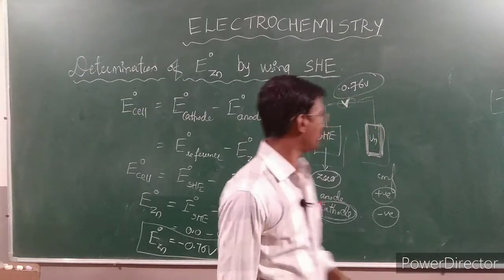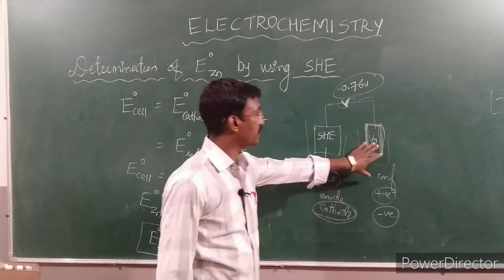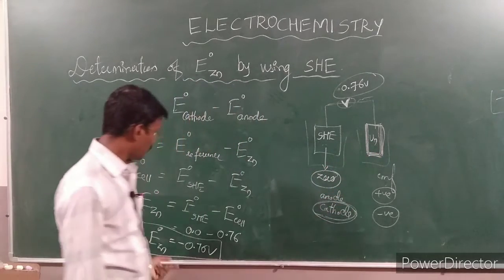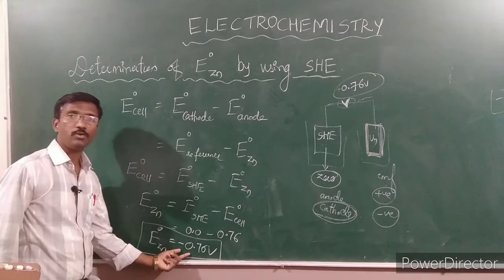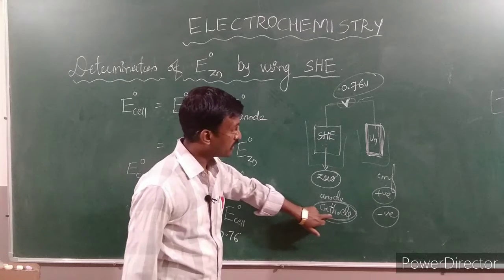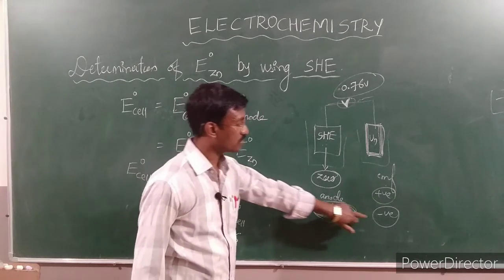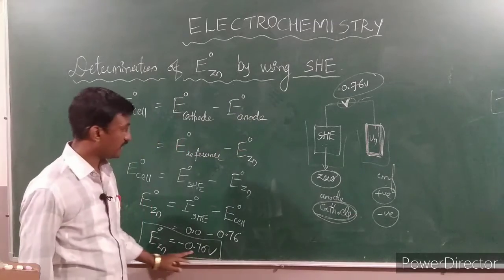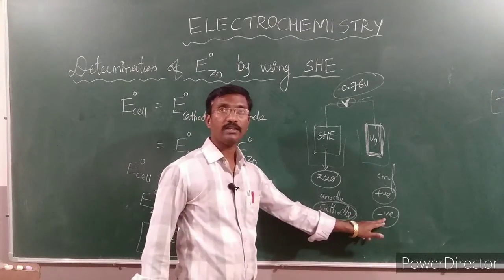I hope you are able to understand this. SHE is connected to the other compound so that we are able to calculate. Here we need the zinc value as negative only. For that reason we connected SHE to the cathode. That's why we obtained the zinc value as a negative value. Are you getting it?